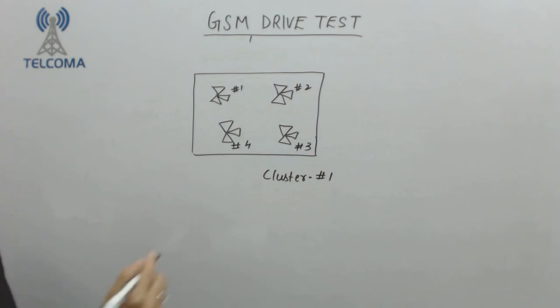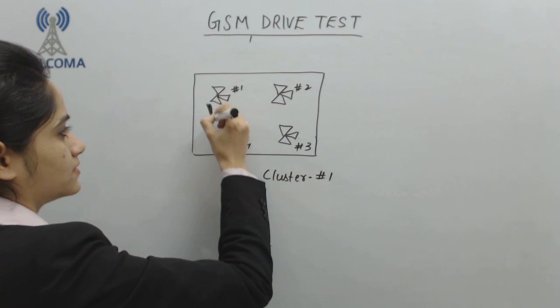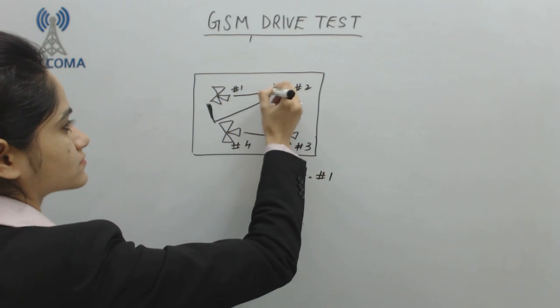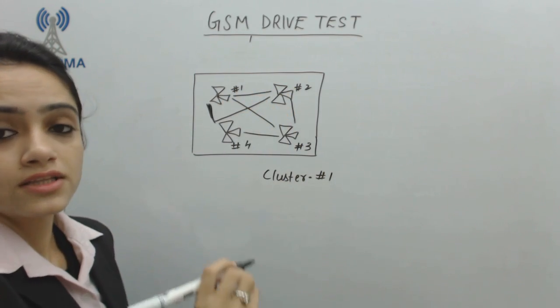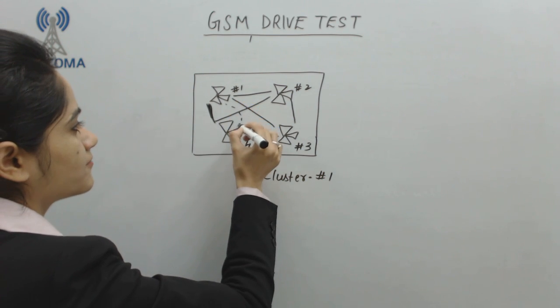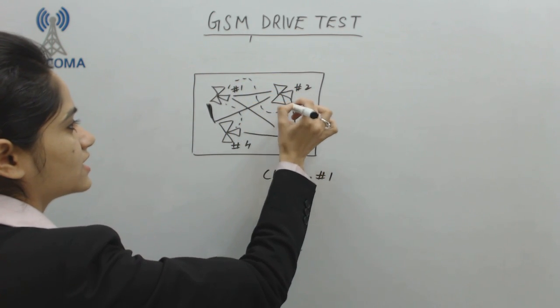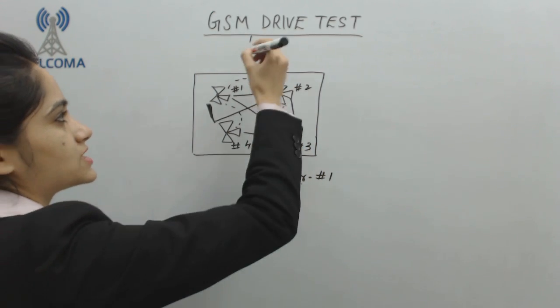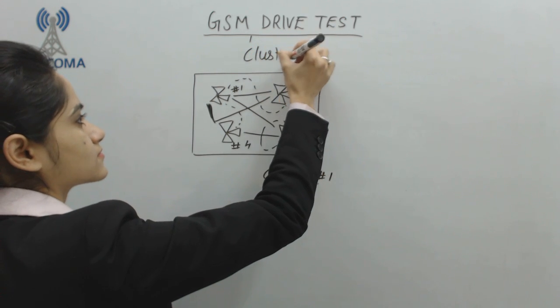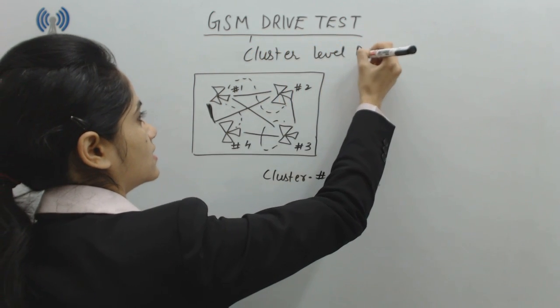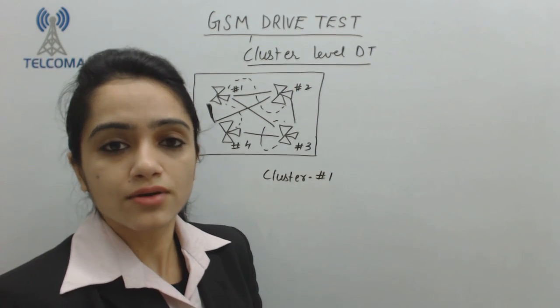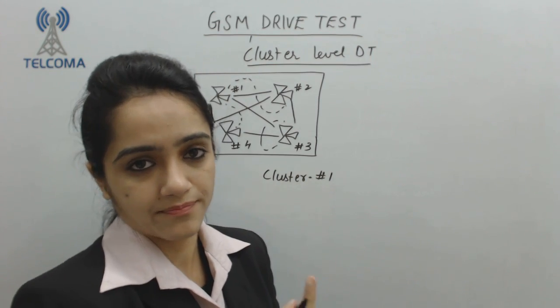Now again, first we require to define the routes. We have a route from this, then we have another route. We have the road connectivity, and also a number of throughways connecting these sites. So in cluster level drive testing, we require to first define the route on which we have to drive.